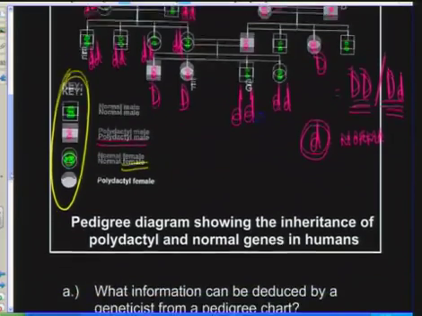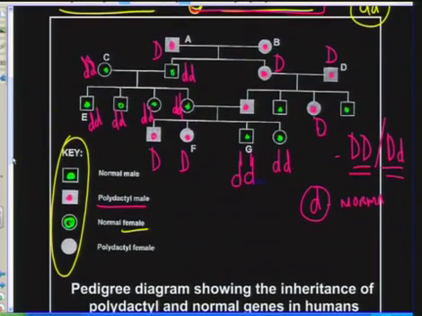It's very important for you to remember, and this is the key that I often tell the learners that I teach. When you're doing a pedigree diagram, look at the homozygous recessive individuals. Look at these individuals. Let me use a nice pretty color. Let's look at this. Now what does this tell you?